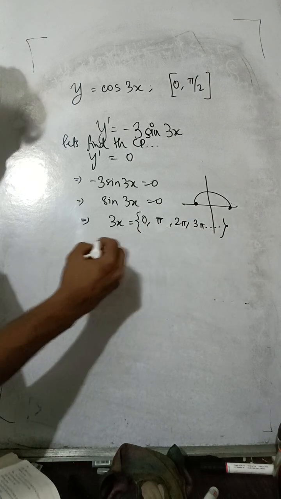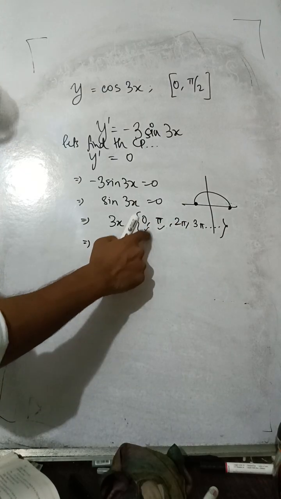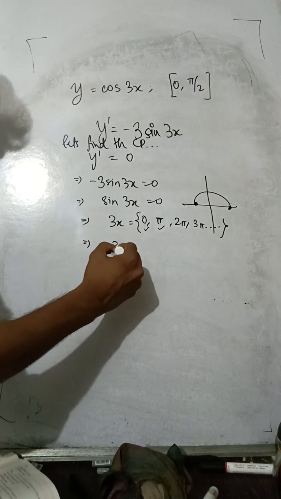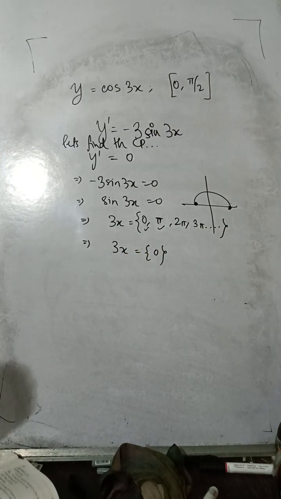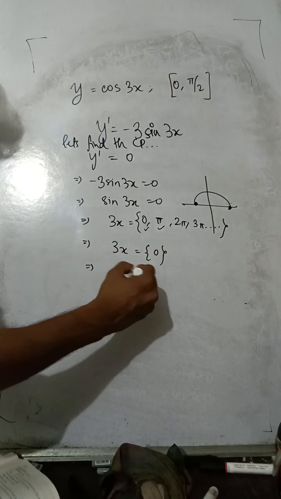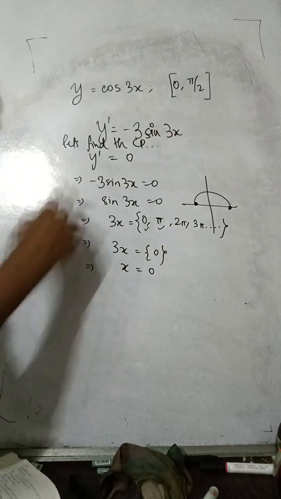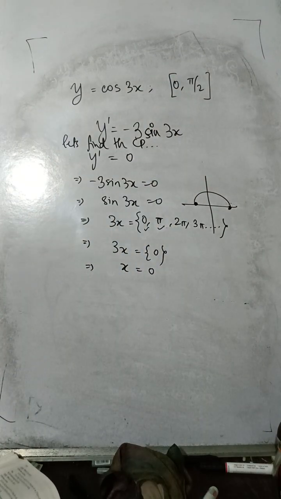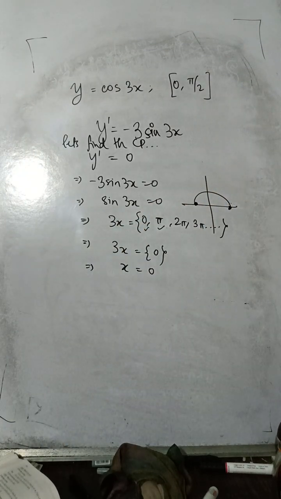But we should take only 0, so 3x is equal to 0, so x should be 0. Why am I taking only 0? The reason is that our region is 0 to pi by 2, and from 0 to pi by 2 we have only 0.